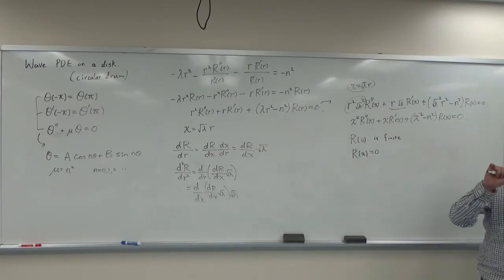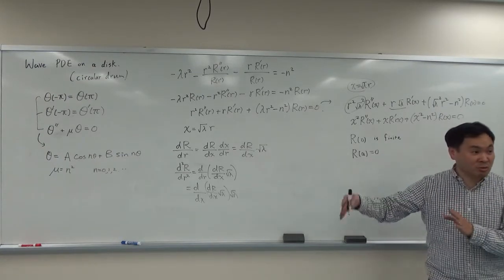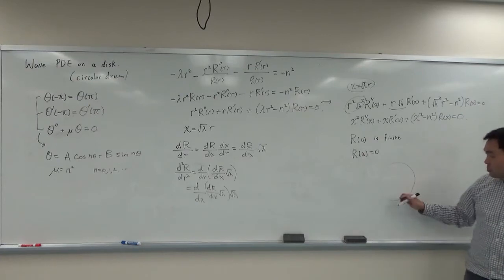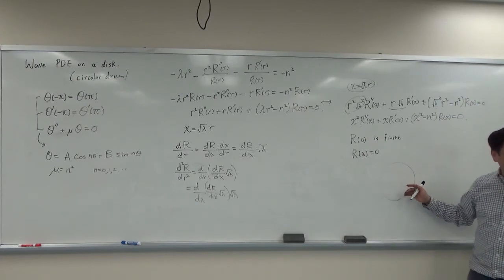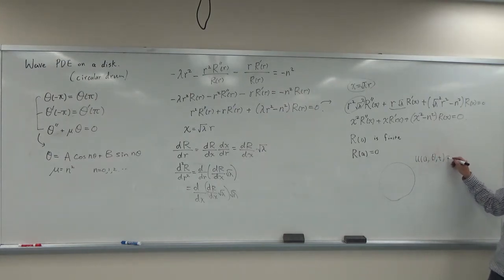Because it's a radial function, so at the rim it should be 0. We're solving the wave equation of the radial, and remember that the condition was that u(a, theta, t) is equal to 0 for all theta and t, right?